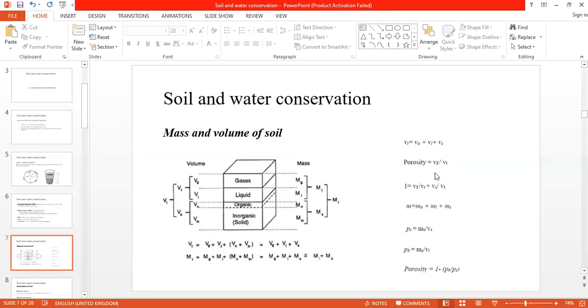So porosity is the ratio of the volume of air plus the volume of liquid over the total volume of the soil.